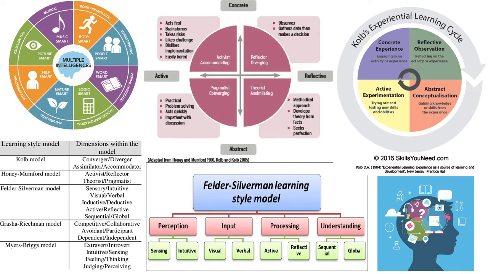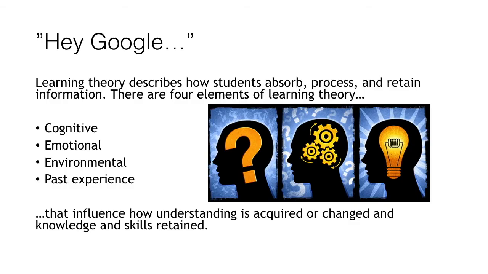productive with it? So, as I was preparing this presentation and I was talking out loud to myself in my living room, as I often do, my Google robot overheard me and answered the question of what is learning theory? And what Google told me is that learning theory describes how students absorb, process, and retain information.